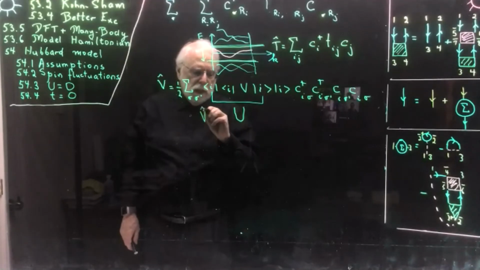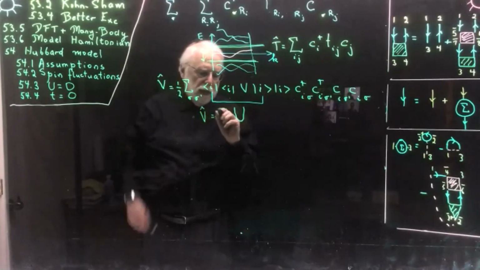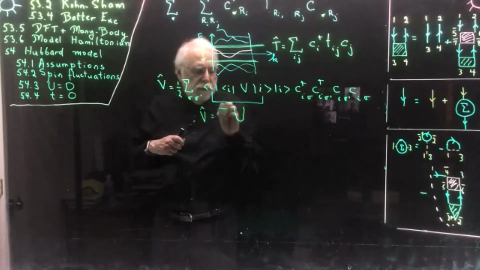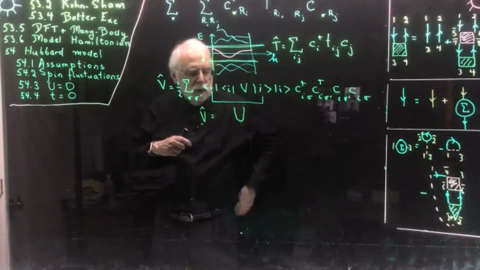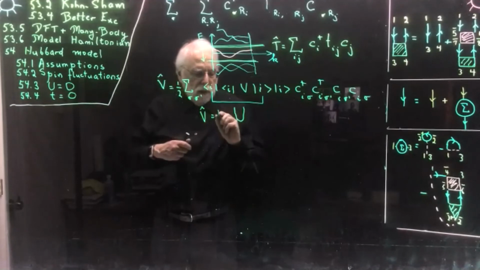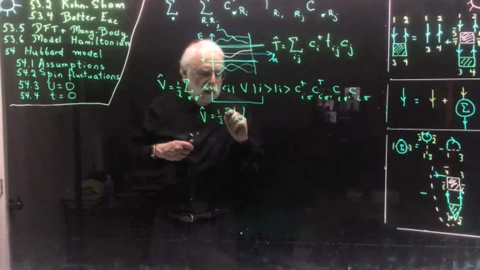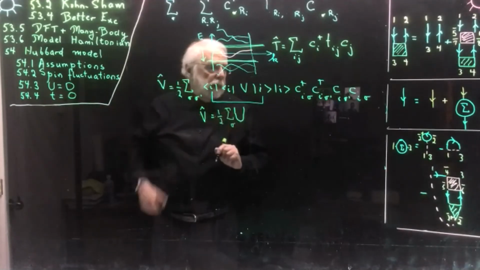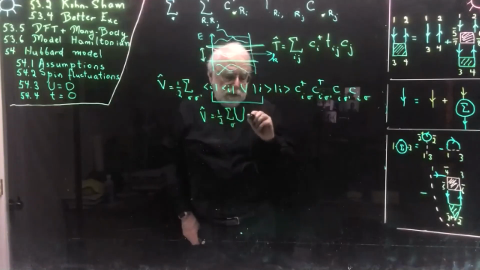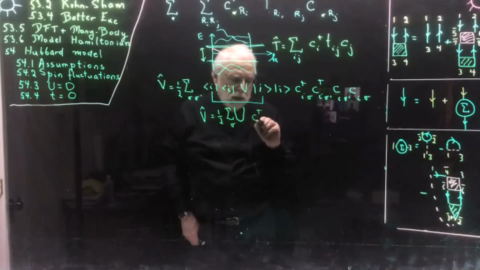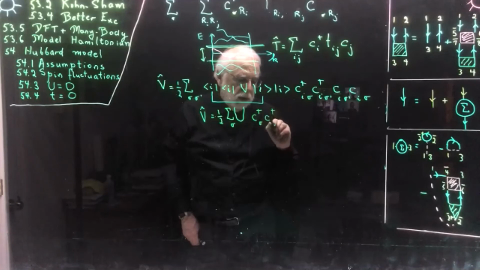V is equal to 1/2 sum over sigma. Then I have c dagger sigma, c dagger sigma bar.